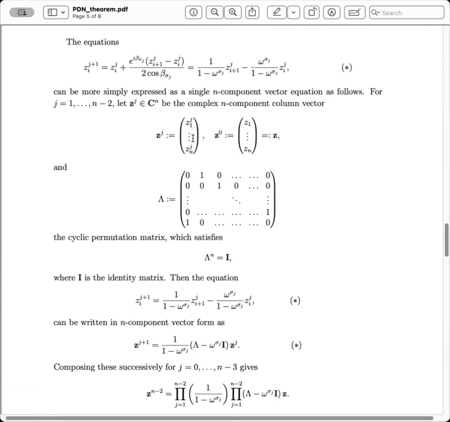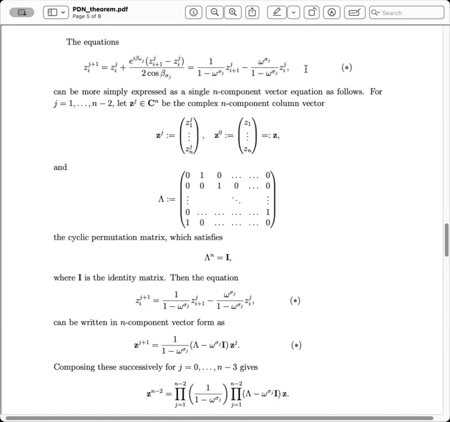We place the various vertices as the entries of the column vector and label that boldface Z superscript j. For the P_0, we'll also use the notation Z_0, and the entries of that are the complex coordinates of all of the n vertices.